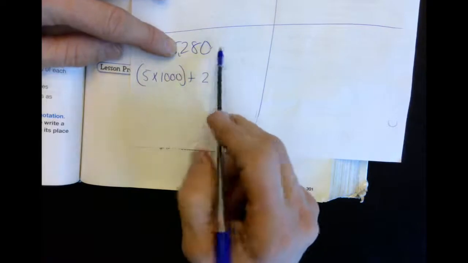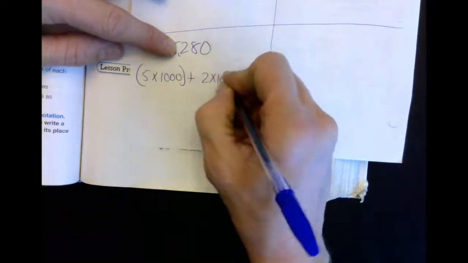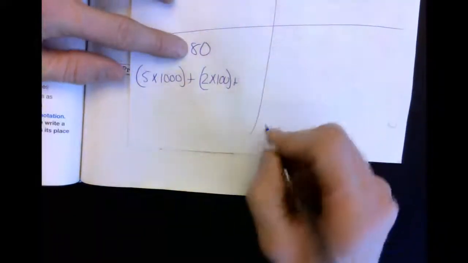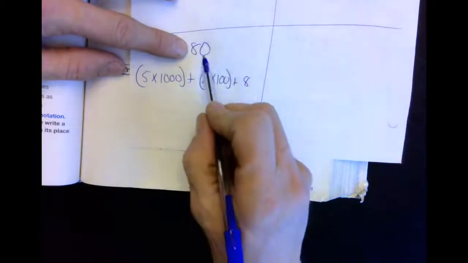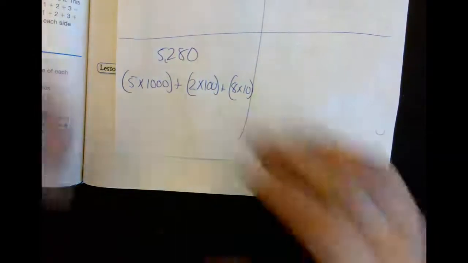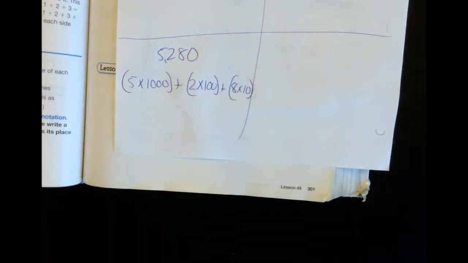It's in what place? Ones, tens, hundreds. 2 in the hundreds place. Next face, 8. 8's in the tens place. Next face is a 0. We're done. You just took that big, huge number and made it an expanded notation. Face times place in parentheses.